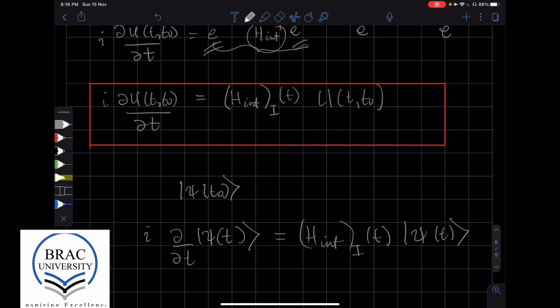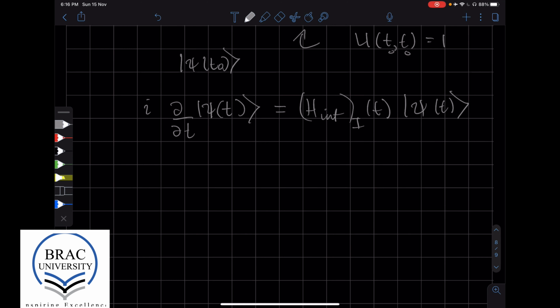Differential equations, of course, need to be solved with a boundary condition. The boundary condition for this differential equation is going to be U(t0, t0) is just 1, which translates in this case to psi of t0 is, of course, just itself.